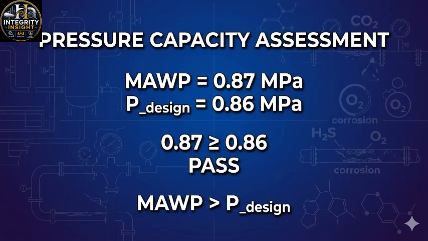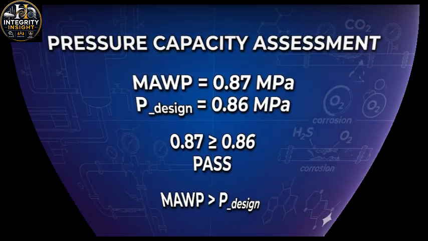This value is then compared against the design pressure of the vessel. The assessment criterion is straightforward. The maximum allowable pressure must be equal to or greater than the design pressure. In this case, the vessel satisfies that requirement. The remaining pressure capacity exceeds the design pressure, indicating that the laminations have not reduced integrity below acceptable limits.